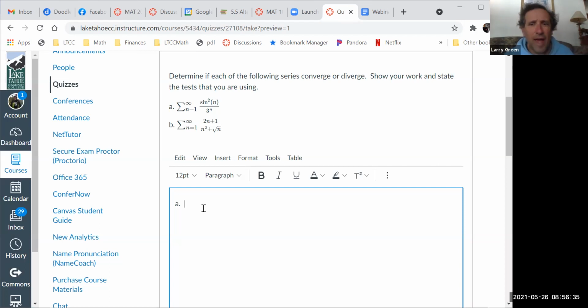And we need a strategy. What does this kind of look like? Is there a way to kind of get rid of something and clean it up? Anyone see?